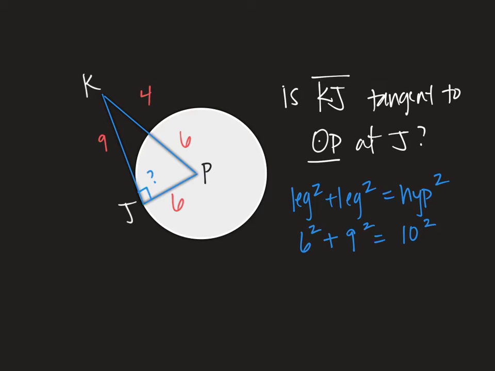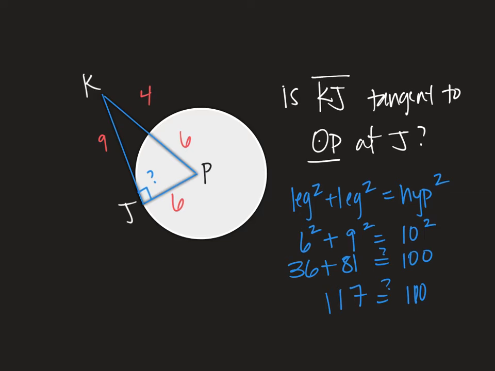So does this work? All we're going to do is check the Pythagorean theorem. You could use your Desmos calculator, or you could use your brain and do 36 plus 81. Does that equal 100? I'm going to go out on a limb here and say no before I even finish the problem, but if I do finish it, this becomes 117 and this is 100.